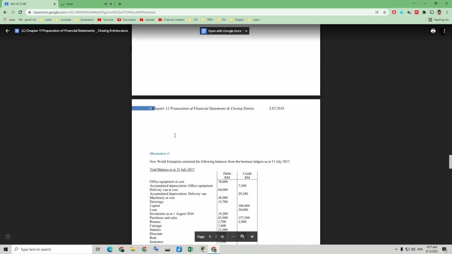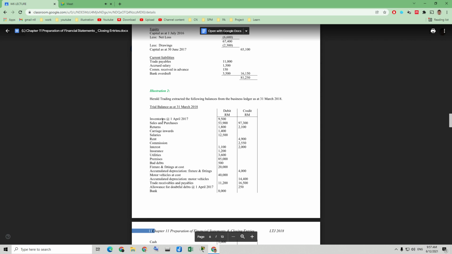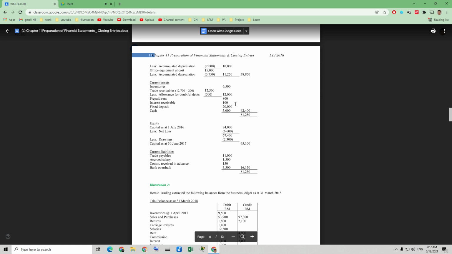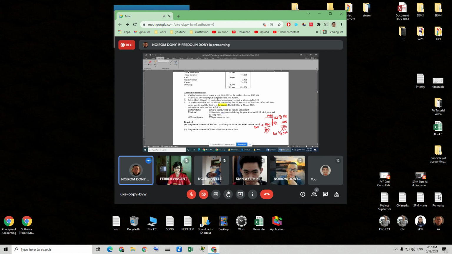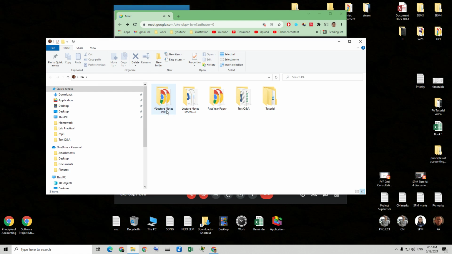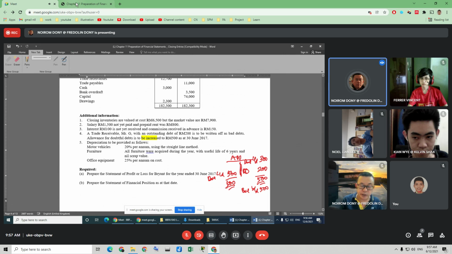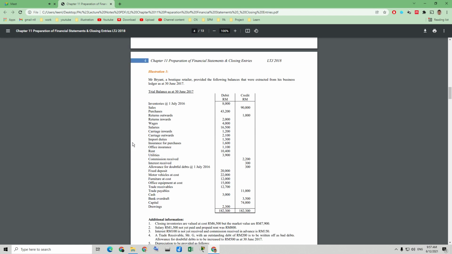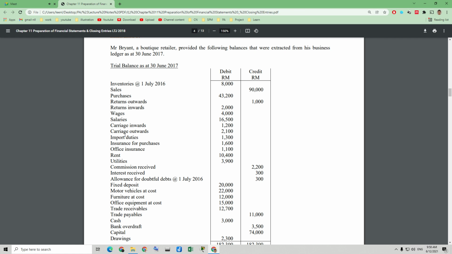And then for furniture, useful life of 6 years and nil scrap value. So the same thing using the straight line method, but we use the formula. So the cost of the furniture, 12,000, you divide by 6. So 2,000 each year. And office equipment, 25% per annum on cost.